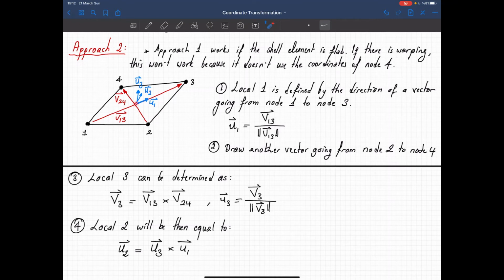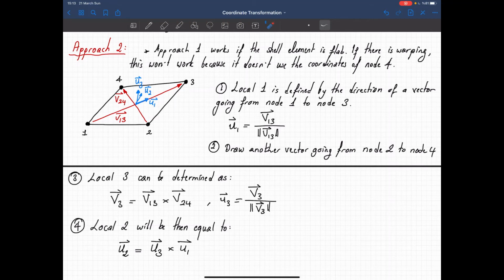In that case, your origin will be at the middle of the element. The disadvantage of this approach, of course, is that if you want to model a cantilever by using square elements, and when you look at your local coordinate systems, they are all at a 45 degrees angle. So this is something that you don't want to see.